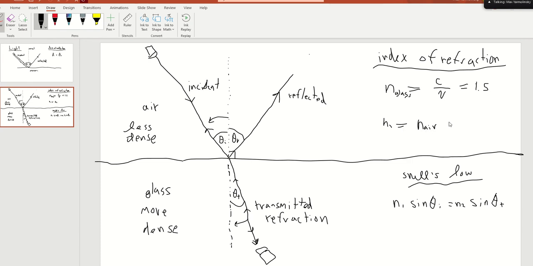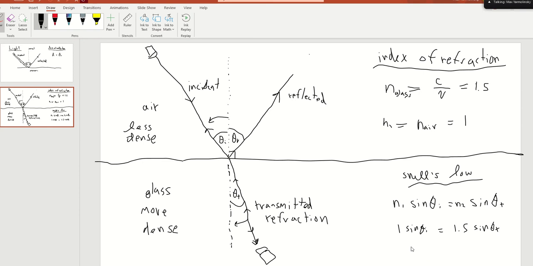So that's equal to just speed of light over speed of light. It's just equal to 1. So it'd be 1 times sine theta incident equals n2. n2, this is glass over here. Glass has an index of refraction of 1.5. So you multiply 1.5 times sine of theta transmitted.